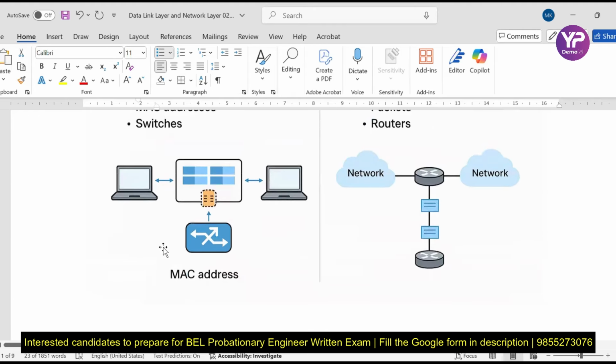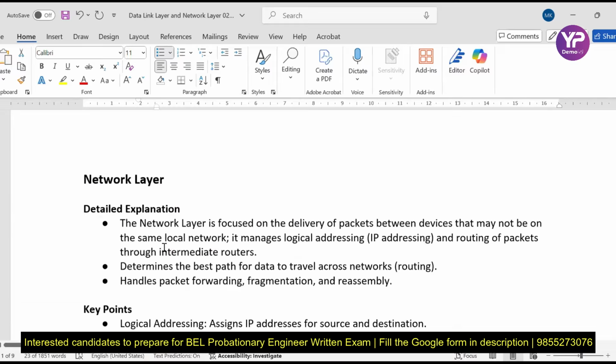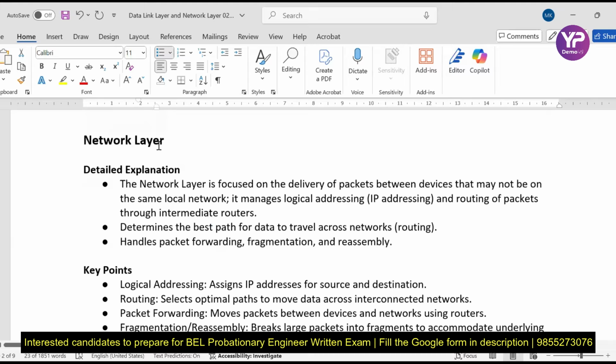You can see here. Now see, network layer. We are not going in depth into what the flow control protocols are, what the error control protocols are, how CRC works, because that is not that much important. But if you know CRC is used at data link layer, that is enough.